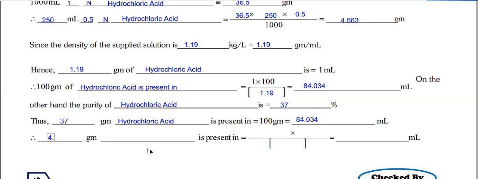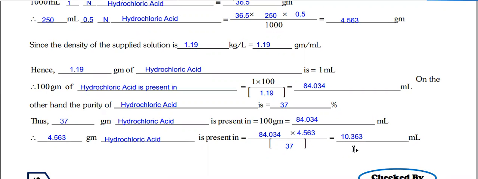Therefore, 4.563 gram hydrochloric acid is present in 84.034 times 4.563 divided by 37, which is equal to 10.363 ml.